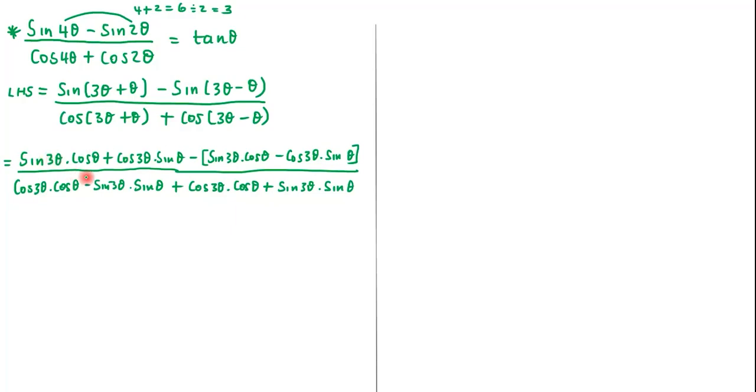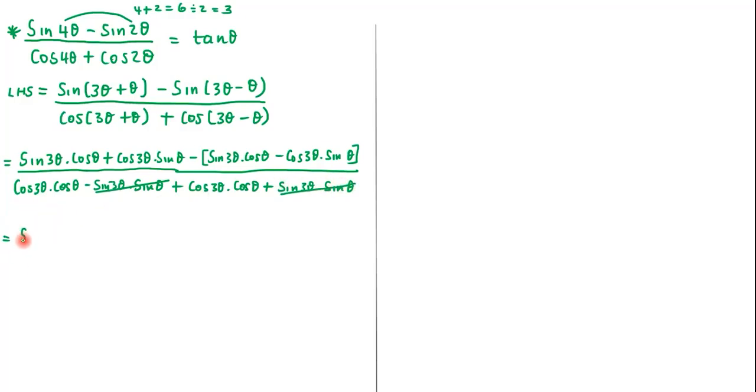Okay, so now from here I just need to multiply this out. At the bottom I can see that minus sine 3 theta times sine theta cancels with plus sine 3 theta times sine theta.